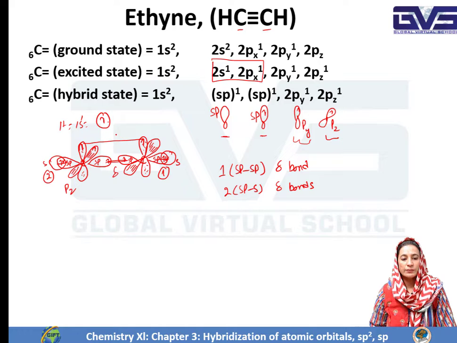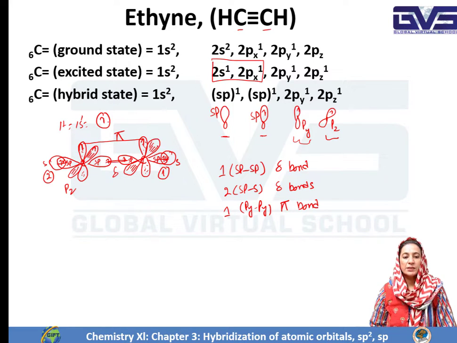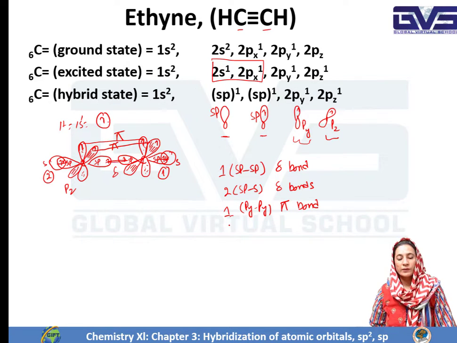So there will be one pi bond between py and py, and pz and pz are also parallel to each other, and both have the single electron partially filled, so they will form the bond in this way, a second pi bond, and one pi bond is between pz and pz.